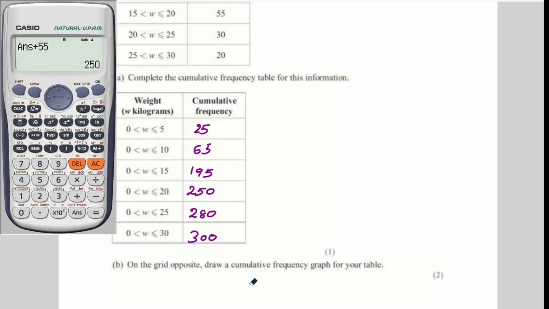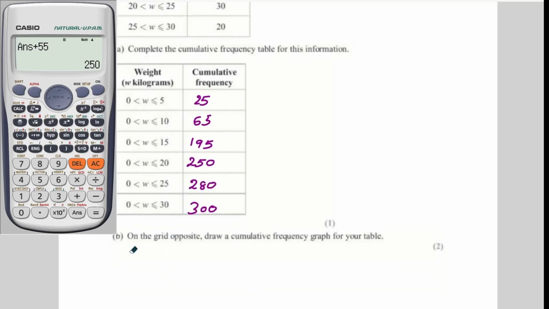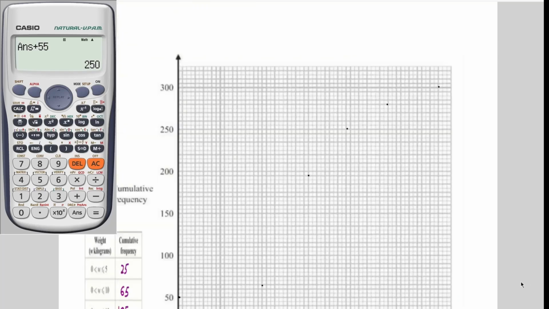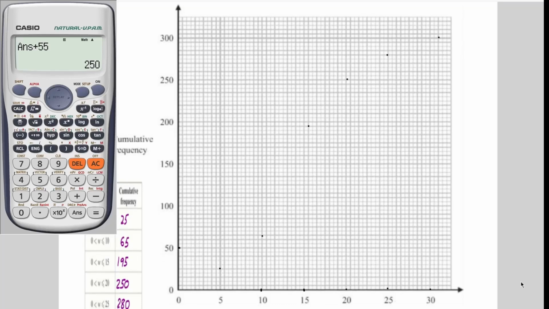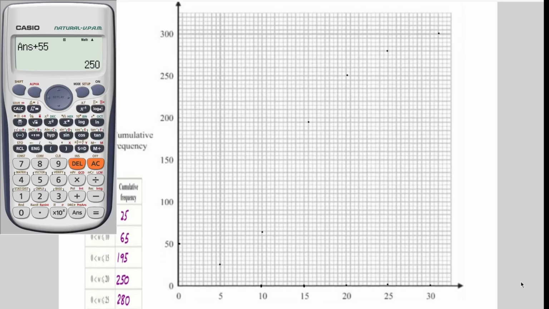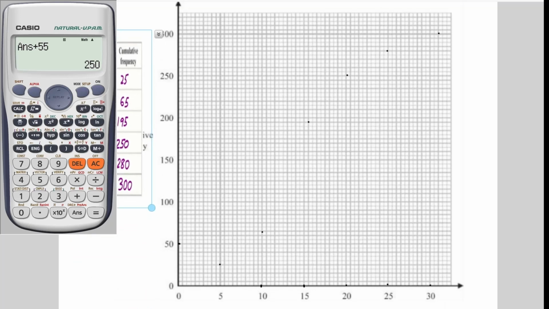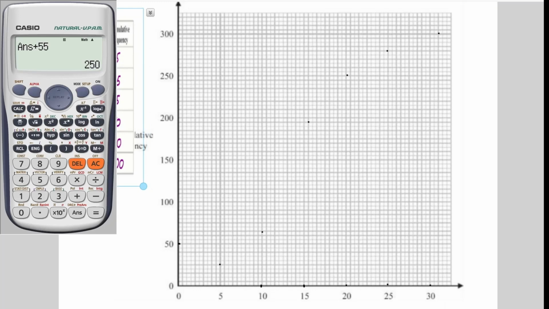Part B is on the grid opposite. Draw a cumulative frequency graph for your table. So let's draw the cumulative graph. Here we have the table for our data.